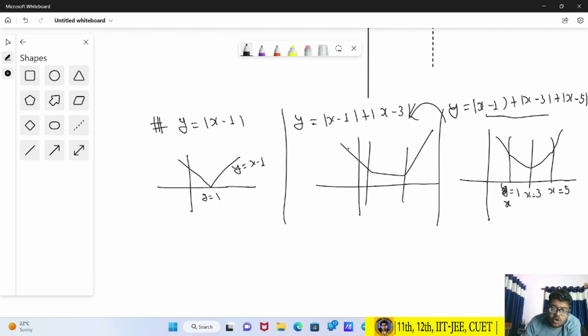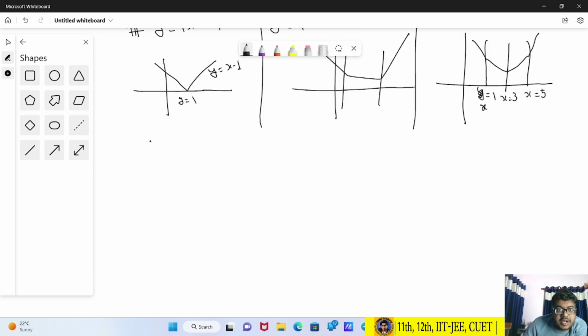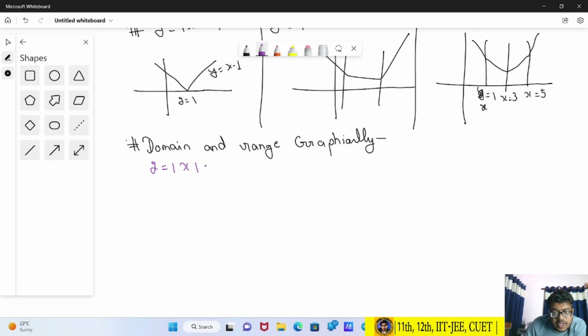Now find domain and range graphically. So suppose we have a function y is equal to mod of x plus mod of x minus 2 plus mod of x minus 4.